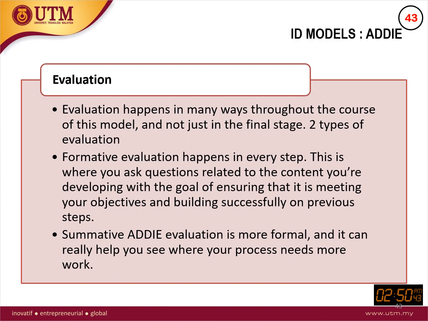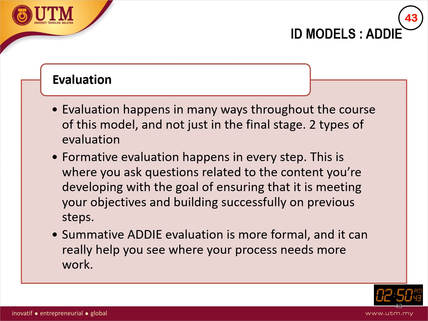Finally, the final phase, which is evaluation, where we could actually evaluate our work. Is it worth the work? Has it achieved our objectives? And it could happen in 2 ways, which are the formative evaluation and the summative evaluation.